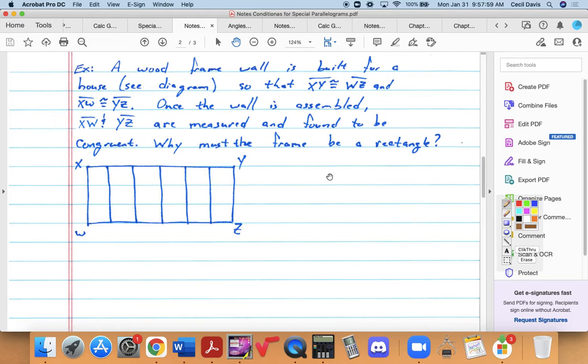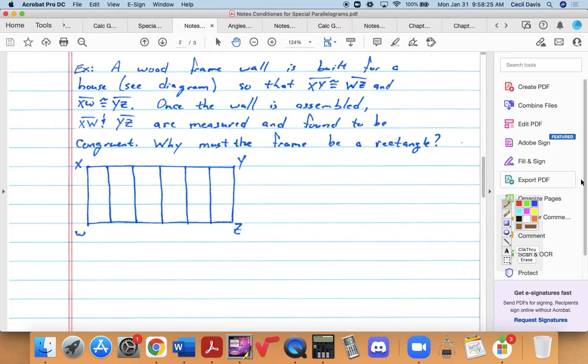A wood frame wall is built for a house. Here's the diagram below. Segment XY and segment WZ are congruent, and segment XW is congruent to segment YZ. Once the wall is assembled, the diagonals are measured and found to be congruent. Why must this frame be a rectangle?